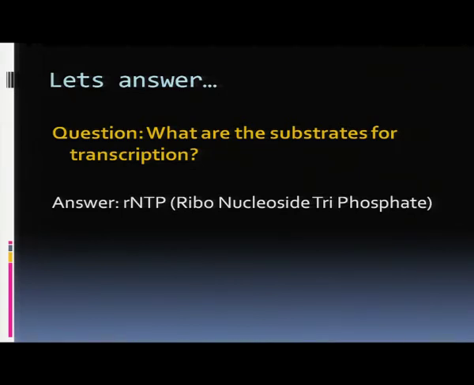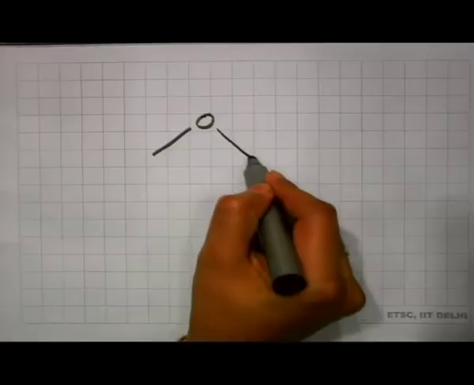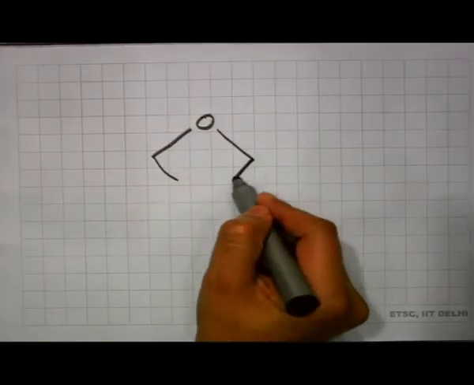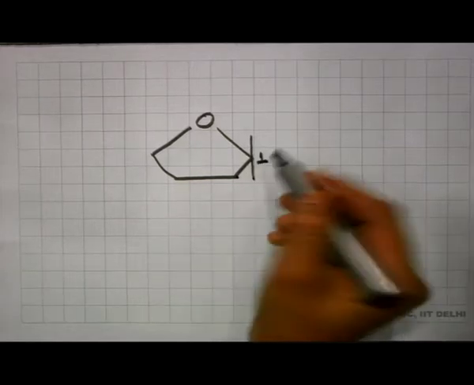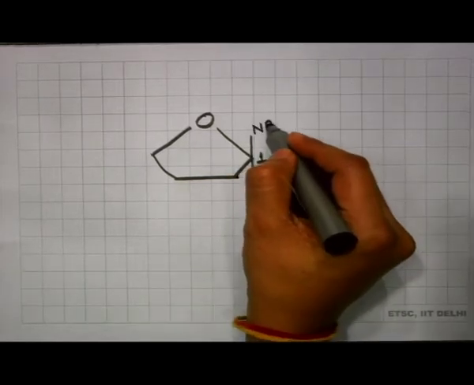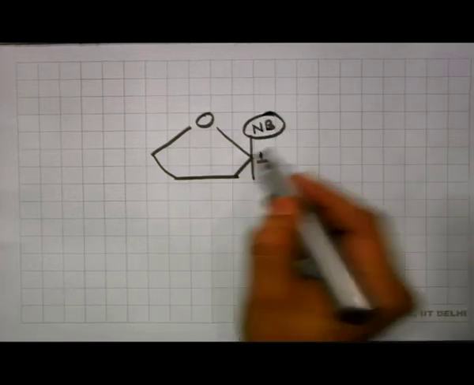We talk about ribonucleoside triphosphate. Here is the first carbon, and nitrogenous bases are added at the first carbon.